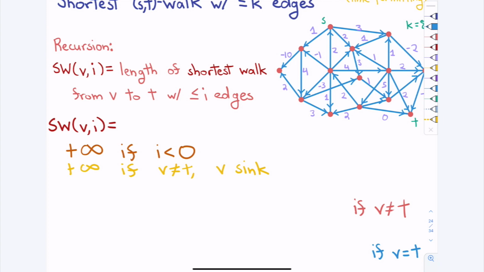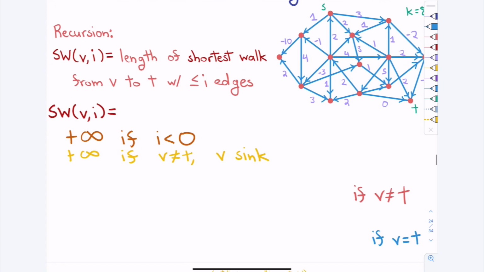Okay, so we haven't got there yet. I want to know if I can get there in i edges. Yeah? So for every edge going out of v, you get the minimum of. Okay, so I heard minimum over every edge going out of v.